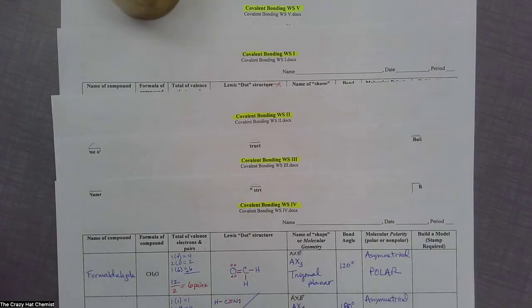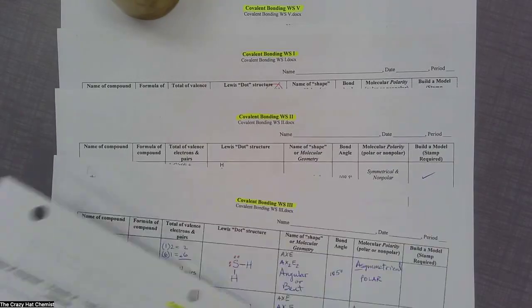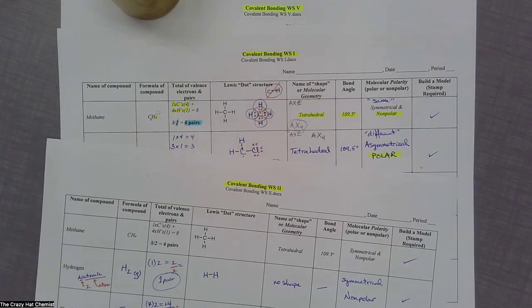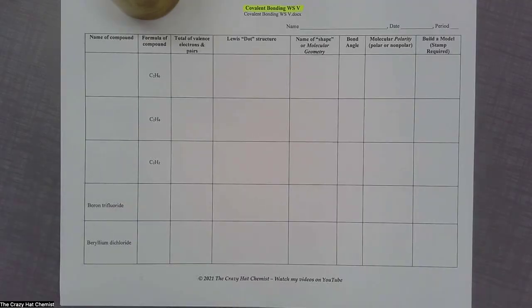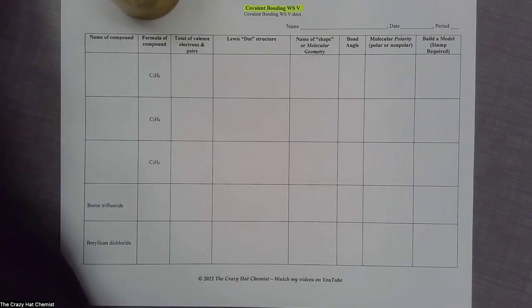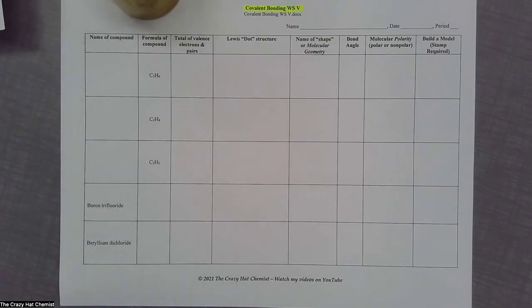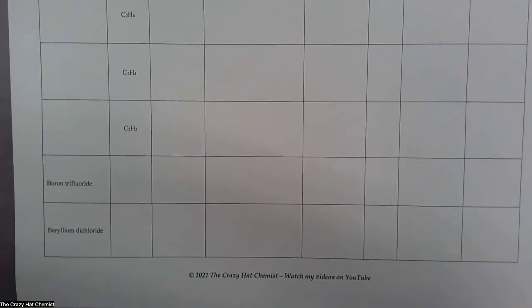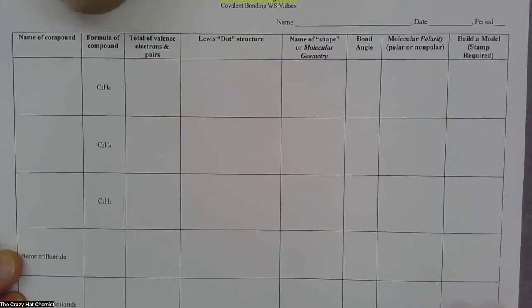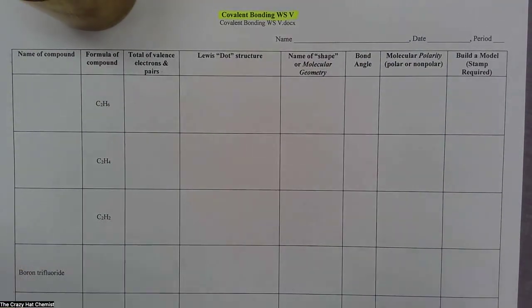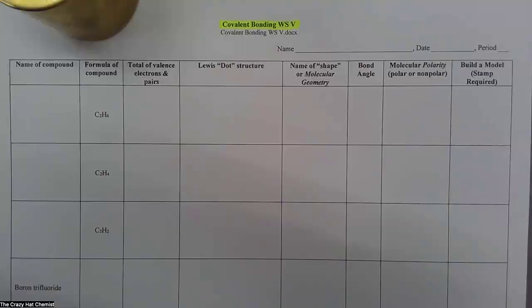All right, so without further ado, let's peel these ones back. That's number 4, that's number 3, that's number 2, that's number 1. And there we go, we are on number 5. Let's zoom in a little bit so we have everything that we need on this worksheet. Again, this is covalent bonding worksheet number 5.